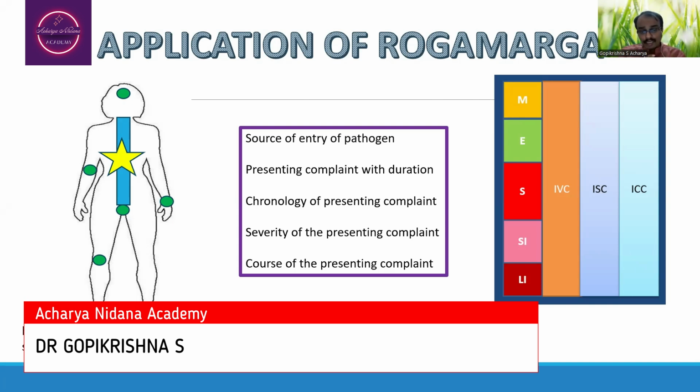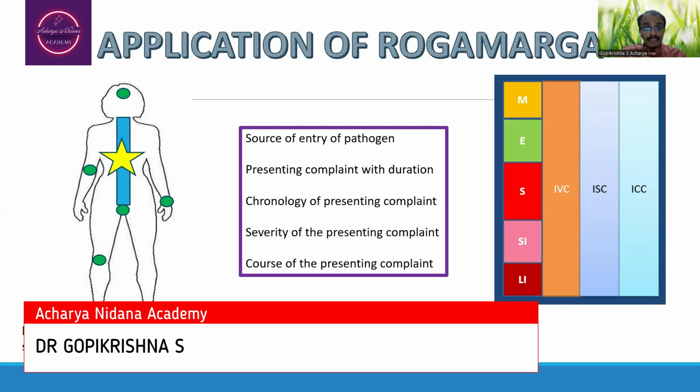Suppose the person has a severe presenting complaint and there is no reduction in it, then that indicates the entry of the pathogen is continuing. Suppose the person initially had a severe presenting complaint and now it is getting milder.